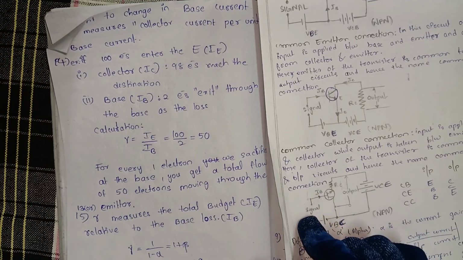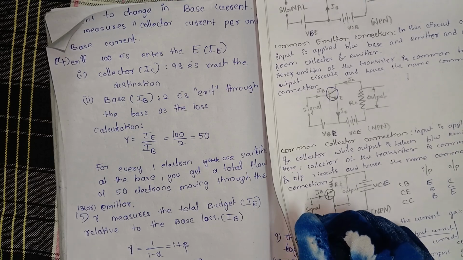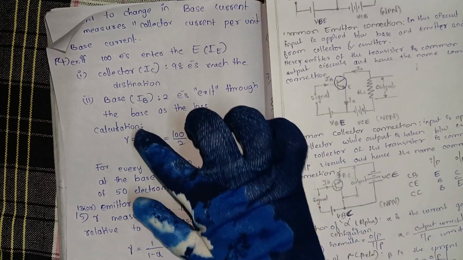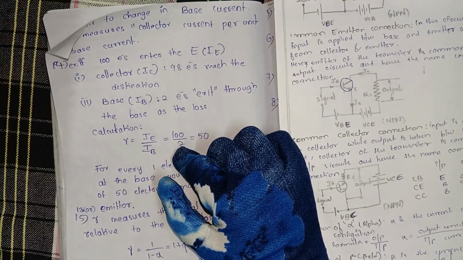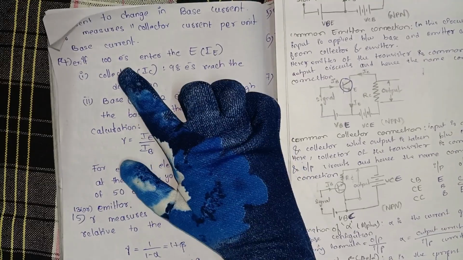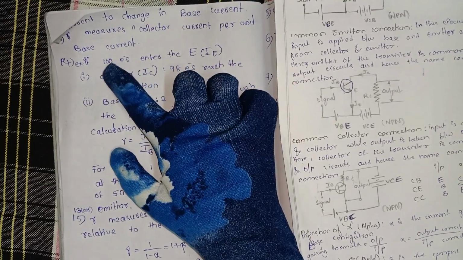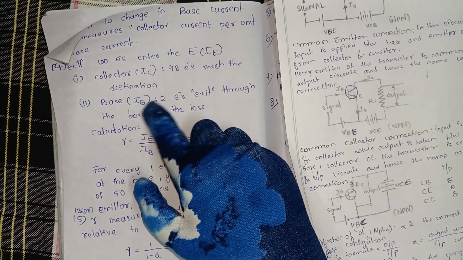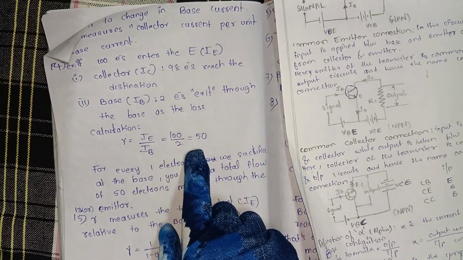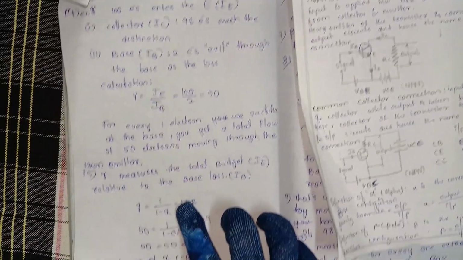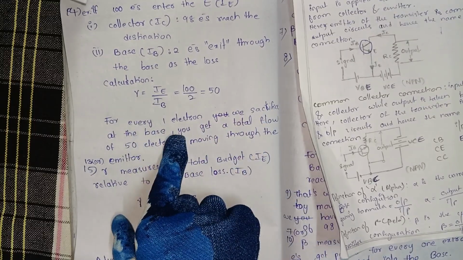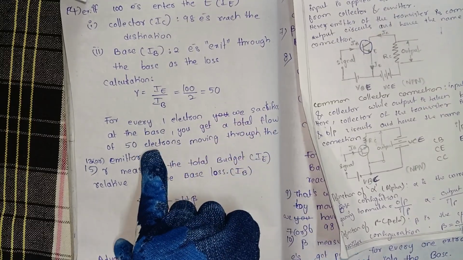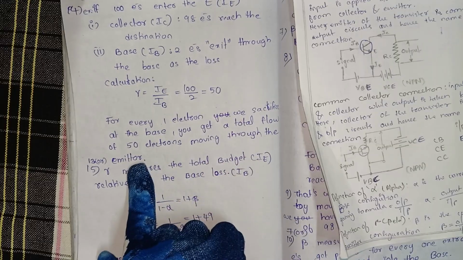Then the calculation is gamma is equal to IE by IB, that is equal to 100 by 2. Here the emitter current is 100, divided by 2, that is IB. That is equal to 50. For every 1 electron we sacrifice at the base, you get a total flow of 50 electrons moving through the emitter.